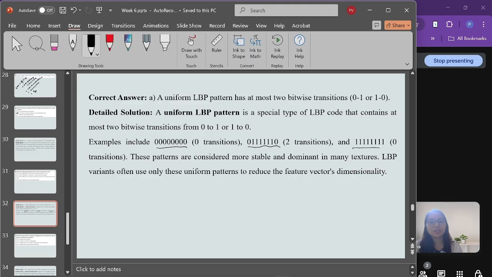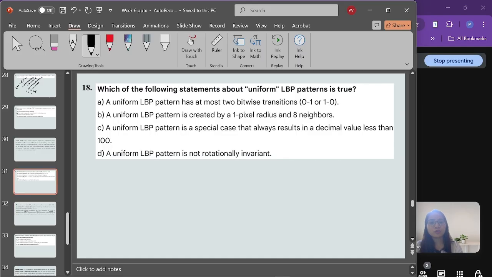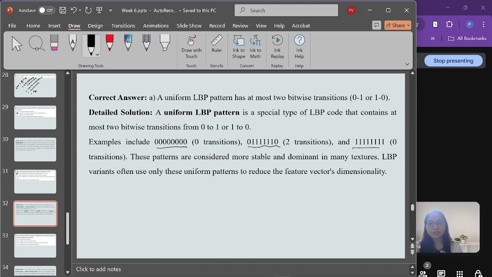These patterns are considered most stable and dominant in many textures. So option A is the correct answer for this question.